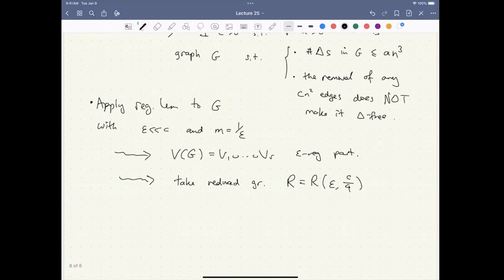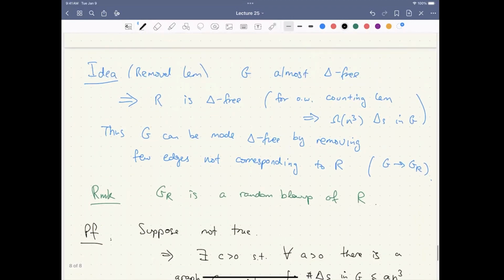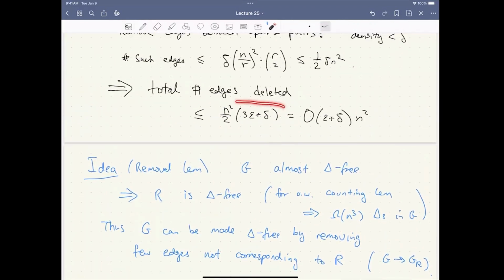Now when you have R, we can consider the clean graph GR in G, as we did above. What do we know? We know that in this process, the number of edges cleaned is n squared over 2 times 3 epsilon plus delta.